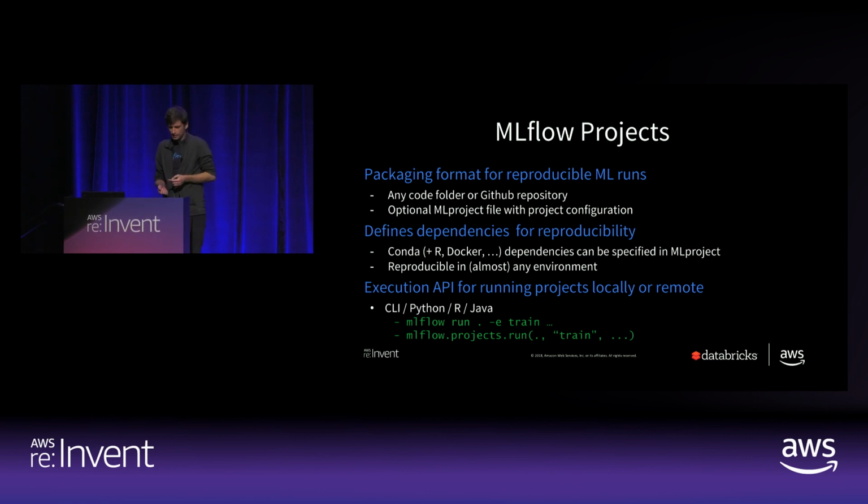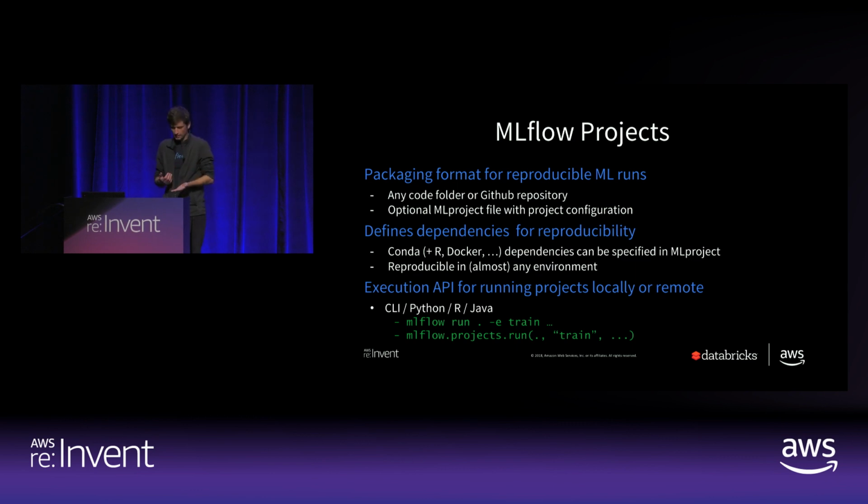Now, the dependencies can be defined by either conda environment or R dependencies file, in the future also Docker. And the idea is that with the dependencies being part of the project, you get reproducibility in any environment.